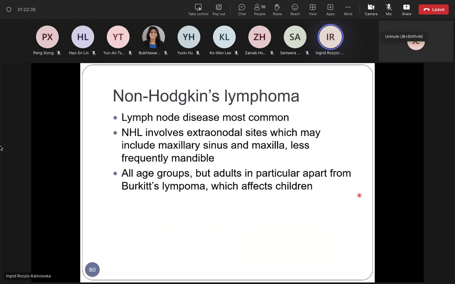And here's something that's called non-Hodgkin's lymphoma. Non-Hodgkin lymphoma involves lymph nodes, but it can be found also in some extranodal sites. It's in all age groups, but there's one type which is called Burkitt's lymphoma, which affects mostly children, so not adults.